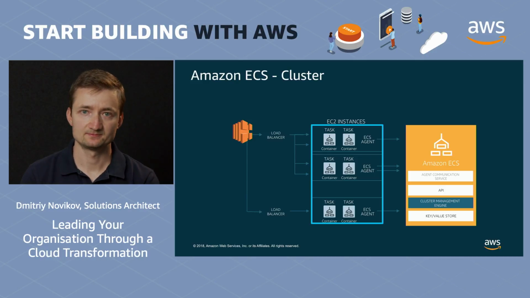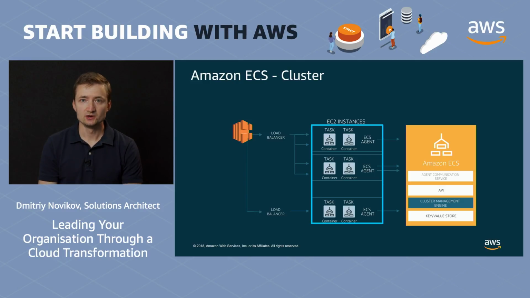And at the top level, there is an API, which is what you use to interact with the cluster as a whole, and you can give really high-level commands to this API. So that, for example, I can say I want to run 4 copies of this particular application container distributed across 3 availability zones, and I want to run them on instances that have a particular type, let's say T3.*.